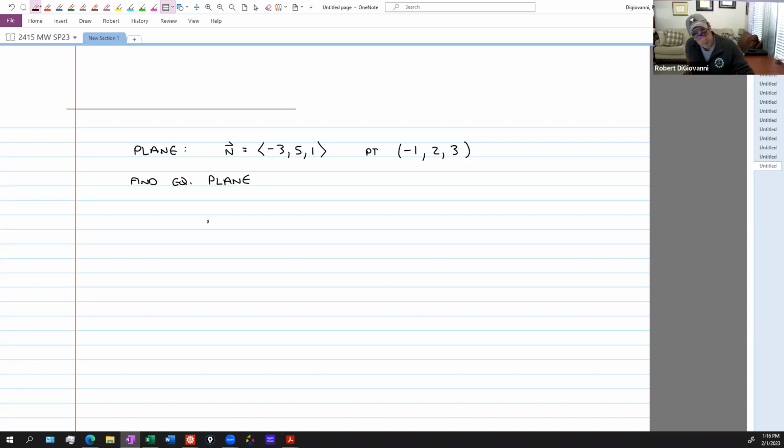My generic formula would be A(x minus x naught) plus B(y minus y naught) plus C(z minus z naught) equals 0. And just remember that these numbers over here are the x naught, y naught, z naught, and that these numbers here on our normal vector are the A, B, and C respectively.